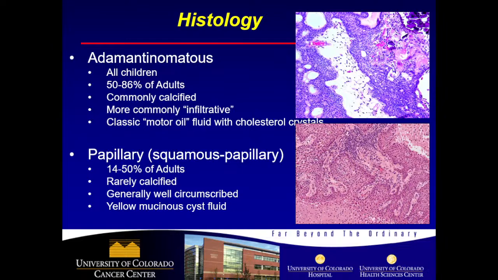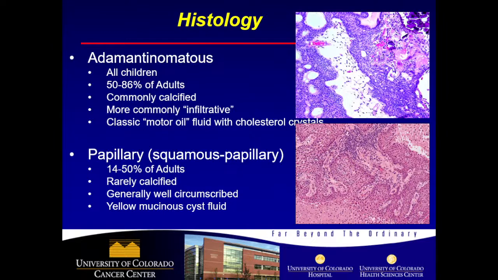Papillary occur only in adults, about 30% of adults. They rarely have any calcium at all, are generally well circumscribed, and don't have the inflammatory profile that the adamantinomatous does. Here's a subfrontal craniotomy with a retractor under the frontal lobe.